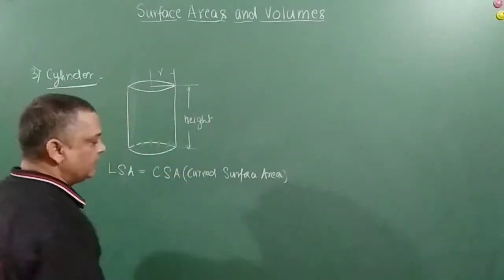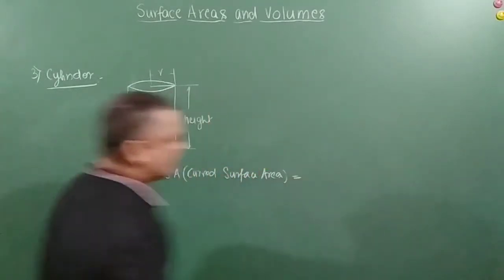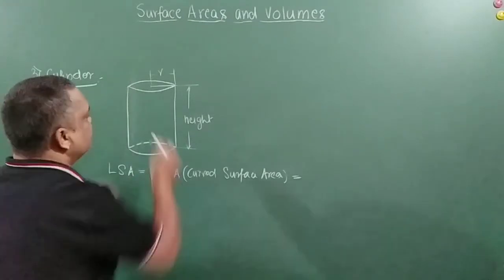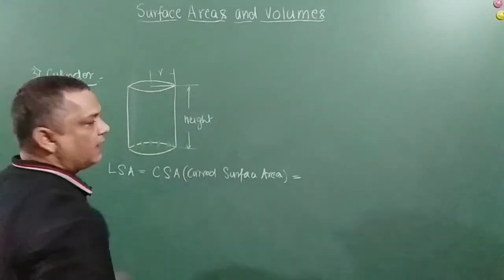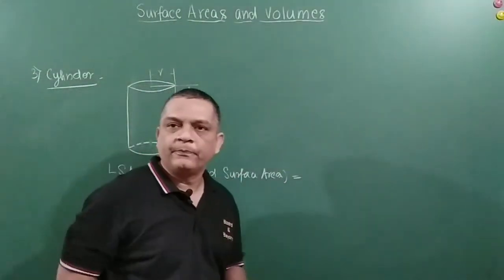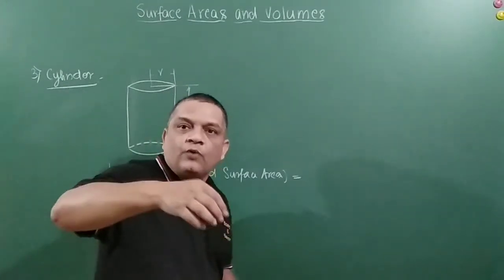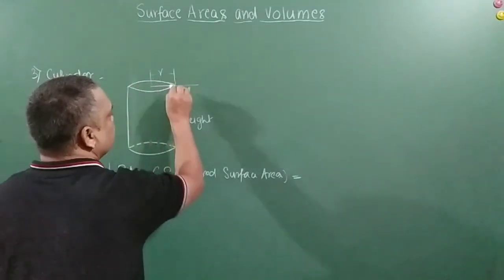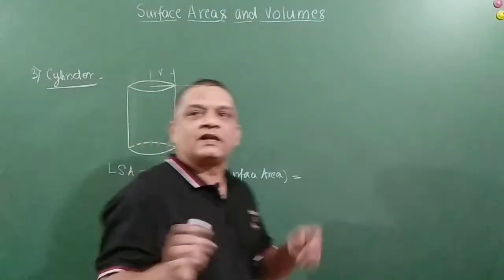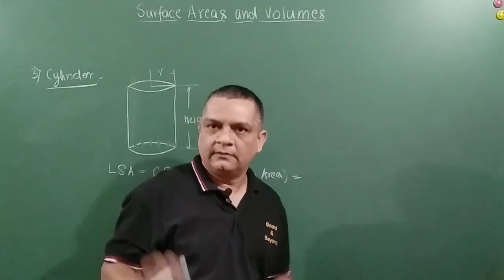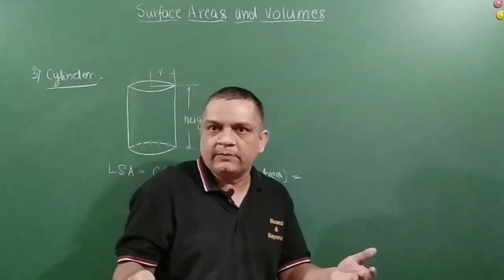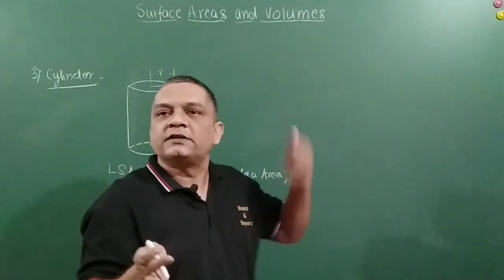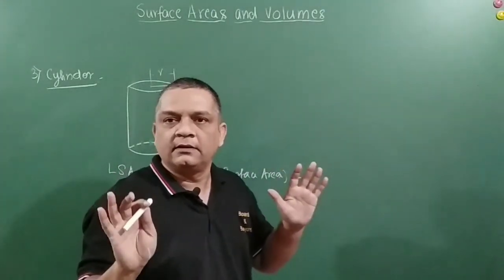Got it, friends? Now see, this is R, and top is circular. If you want to start from here and go around and come back here, what is the distance that you will travel? You must travel some distance. That distance will be the perimeter of the circle, which is at the top and the bottom. Both are the same thing.